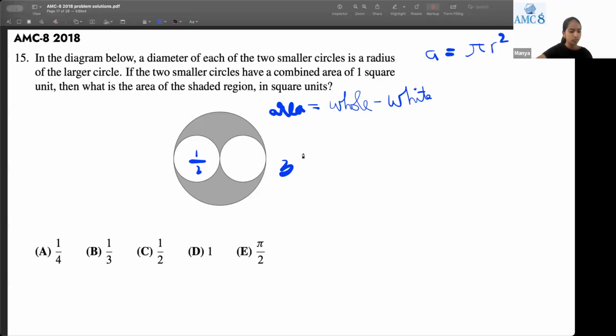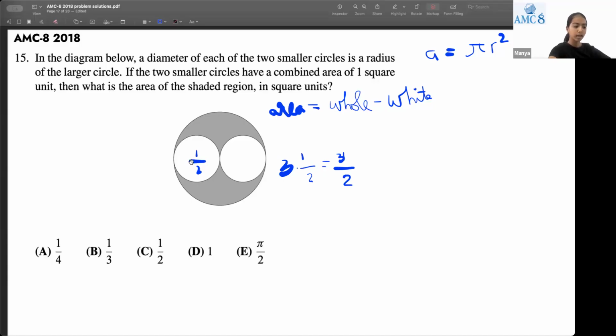So r squared would be approximately 3 times 1 by 2, which will be giving us a 3 by 2. So then the radius would be equal to 3 by 2.